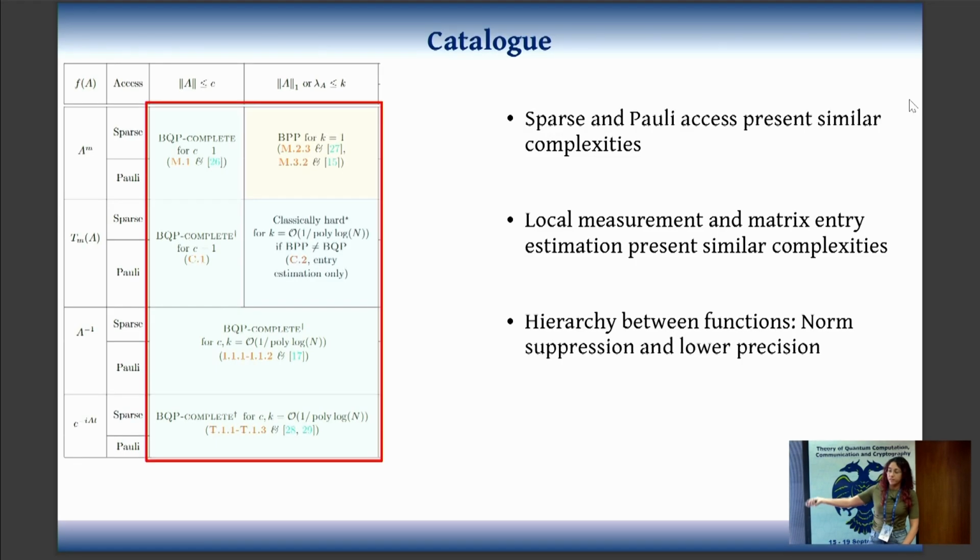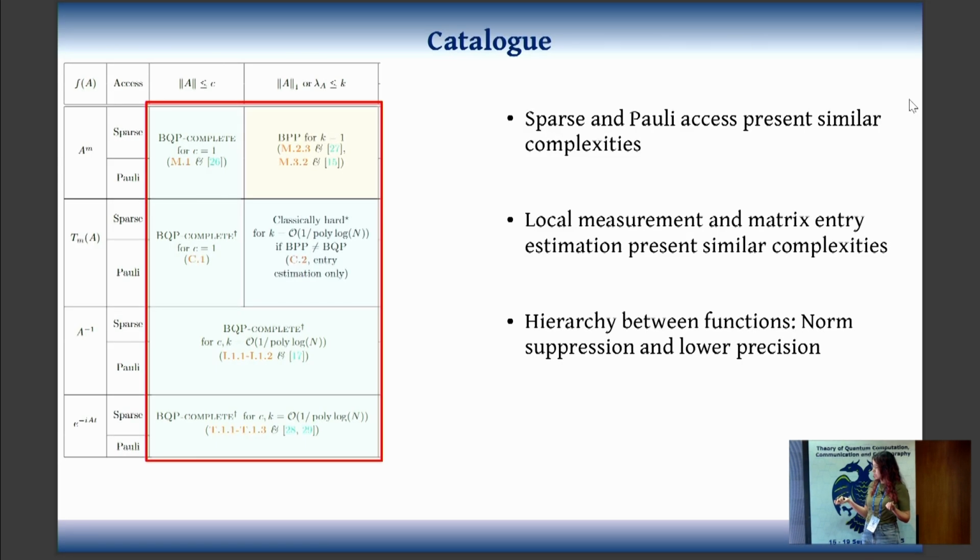And all of them have instances where they are BQP complete. And also, the two problems that we consider, the matrix entry estimation and the local measurement, they both have similar complexities. These two problems are comparable.